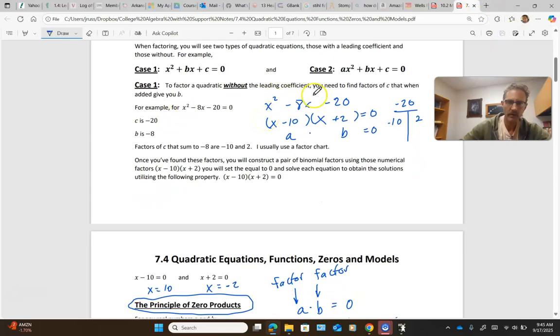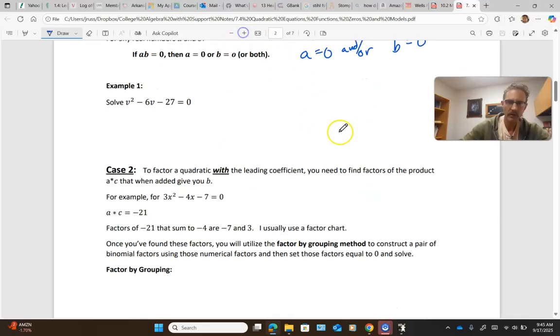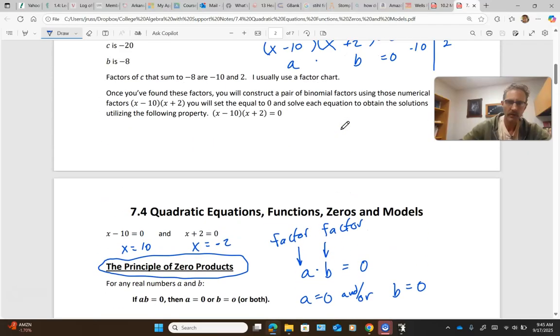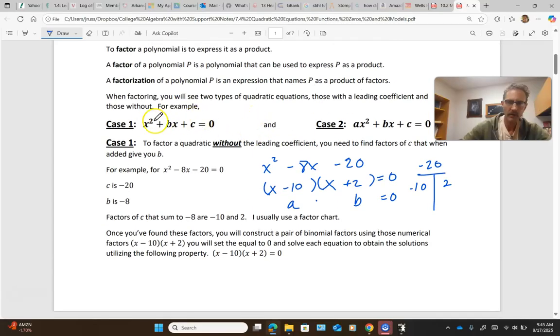All right, so let's try one on our own. This example 1 right here. Let me zoom in. And guys, I kind of said all of that right in here in the notes. So if it's in standard form, then A is an understood 1, B is just the number in front of your middle term, and C is your constant.